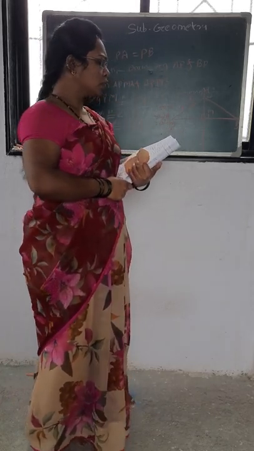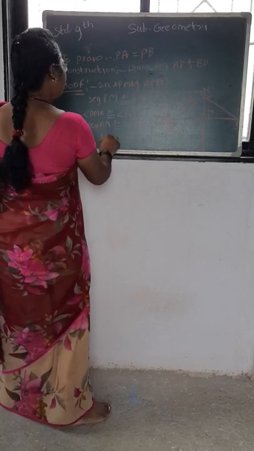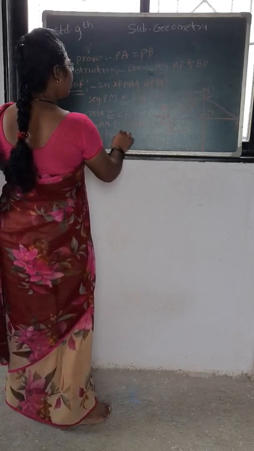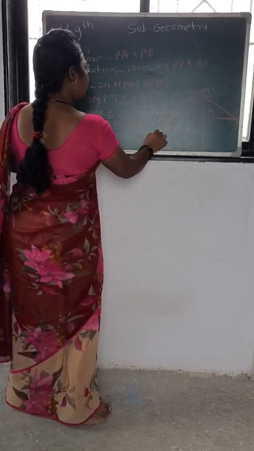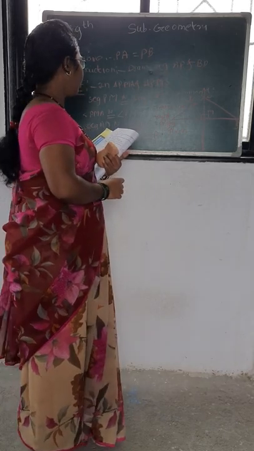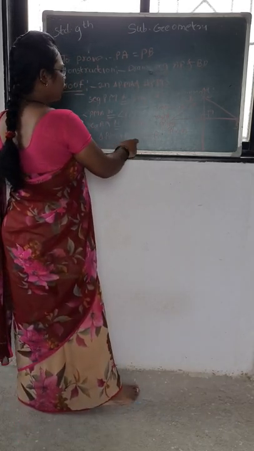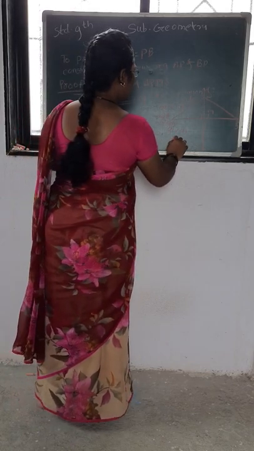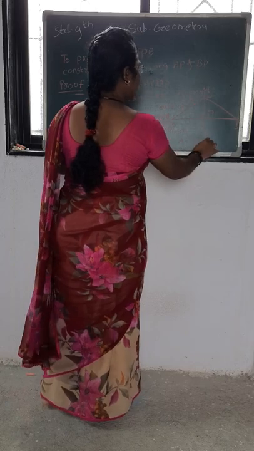Then from these 3 statements, triangle PMA is congruent to triangle PMB by the side angle side test.